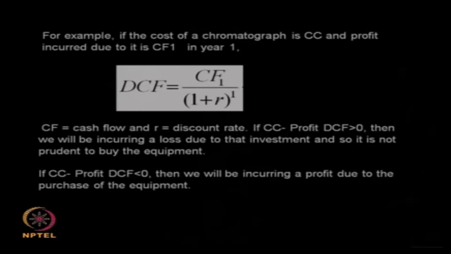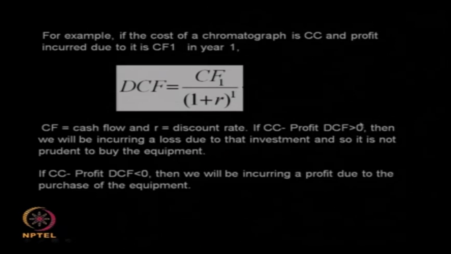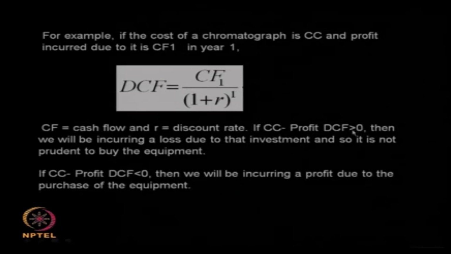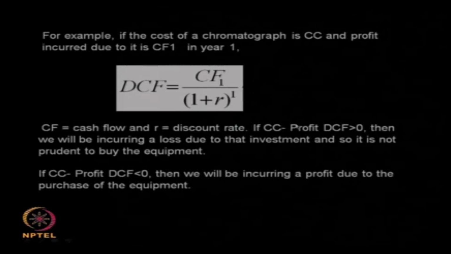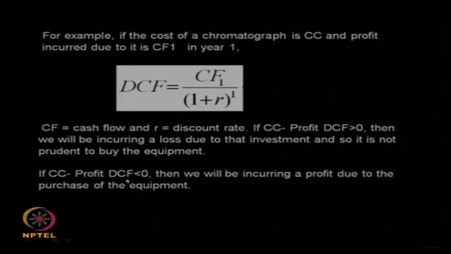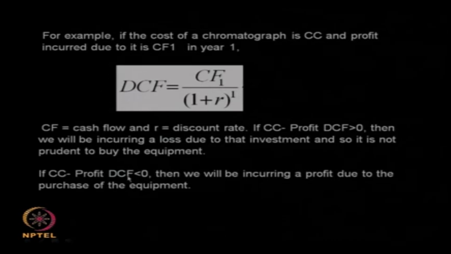So you need to convert that Cf1 using the discounted cash flow formula, using this. Obviously the DCF will be less than Cf1 because you are dividing by 1 plus r raised to the power 1, and then see whether Cc minus DCF is greater than 0 or Cc minus DCF is less than 0. Do you understand? If it is greater than 0, I have spent more on the chromatograph, so it is a loss. If Cc minus DCF is less than 0, then I got more profit than how much I spent buying the chromatograph, so it is a profit.